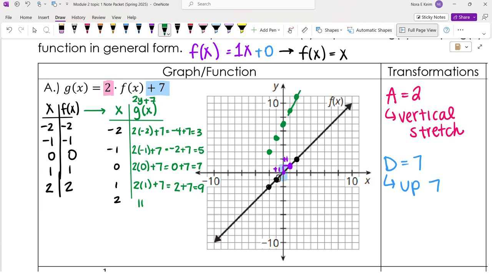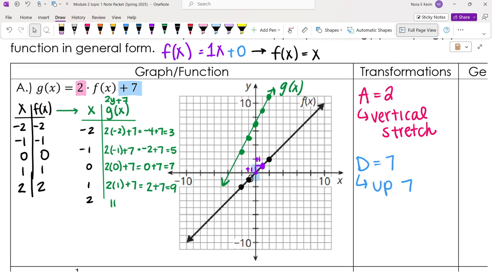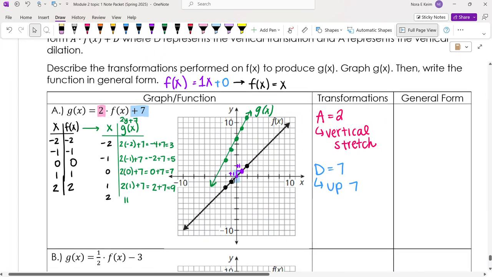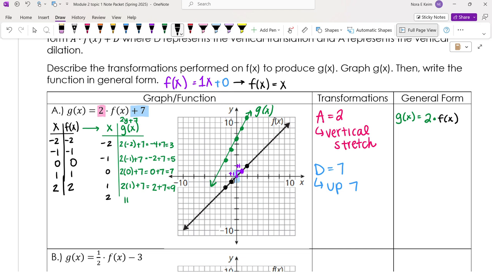And this is now our line here. So this is now g of x. So when it comes to writing our general form for g of x, that is going to be 2 times f of x plus 7.